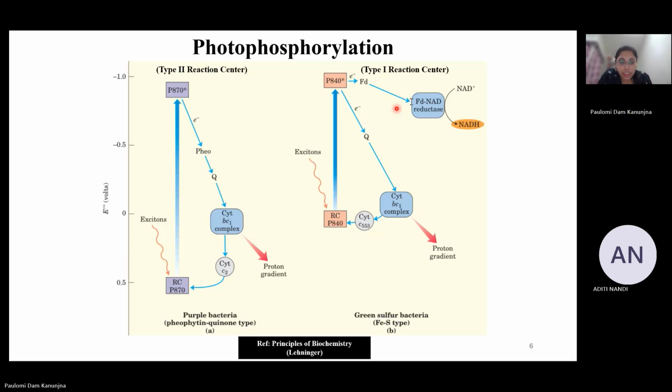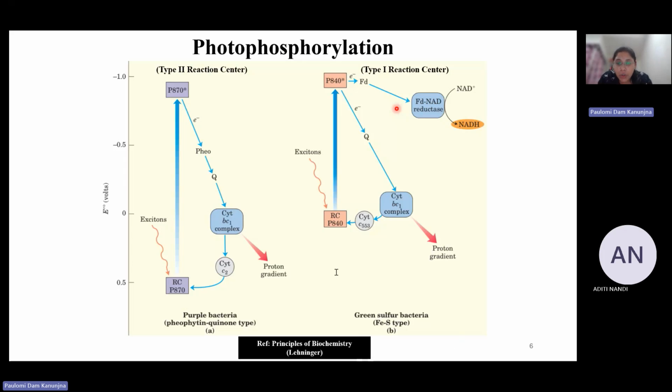Okay. Now, in the purple bacteria, there is a cycling of the electron that is being generated. But in the type 1, which is shown in the second part here, that is in the green sulfur bacteria, there are two routes for electron transfer. And the excitation wavelength is also different. It's 840. The reaction center has an excitation at 840.